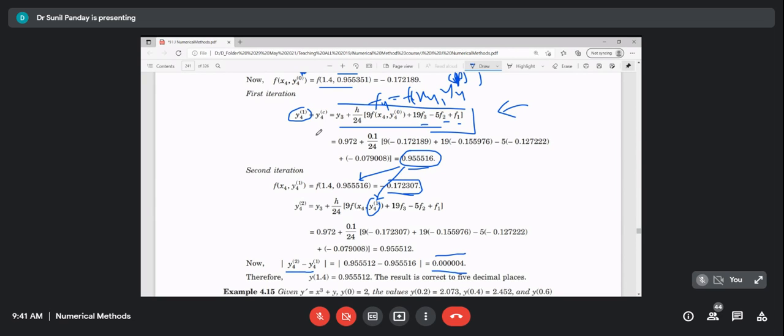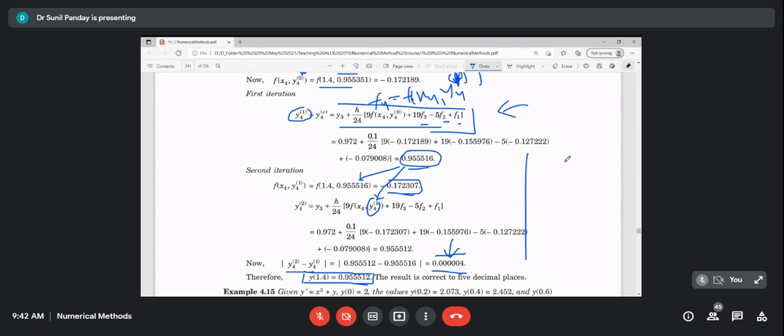So we continue this correction process, and if the required 5 decimal places of accuracy stated in the problem is achieved, then you stop here, otherwise you continue. And if you remember Euler's and Euler's modified method, there also we do the same thing.